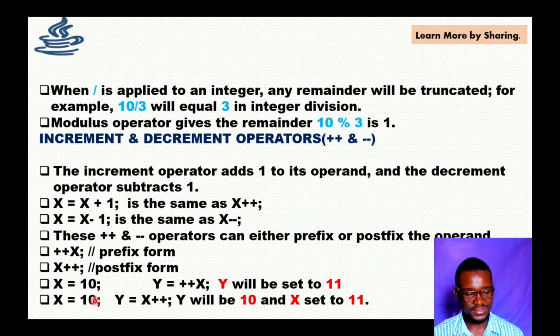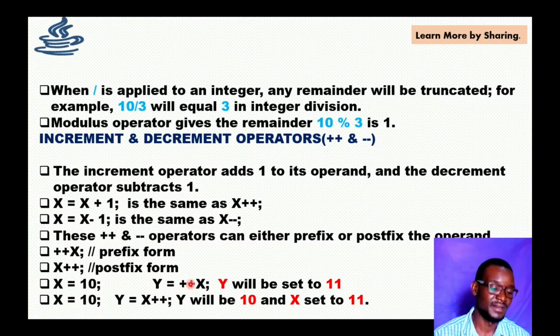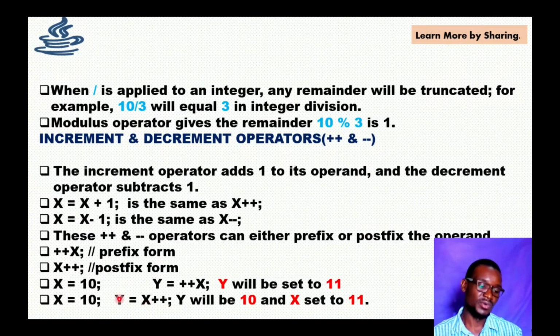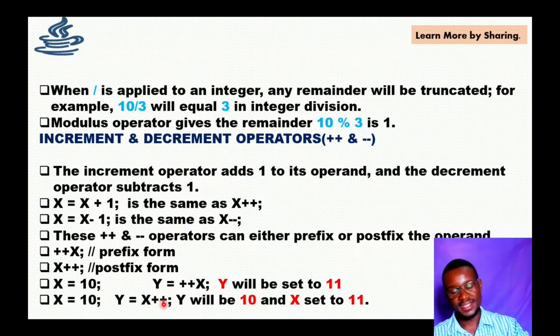So that is the difference between the prefix increment and the postfix increment. We are looking at: before assigning the value of x to y, add 1; versus after assigning the value of x to y, then add 1.